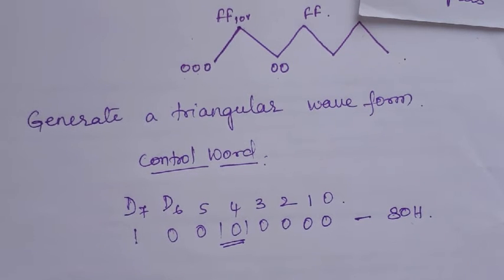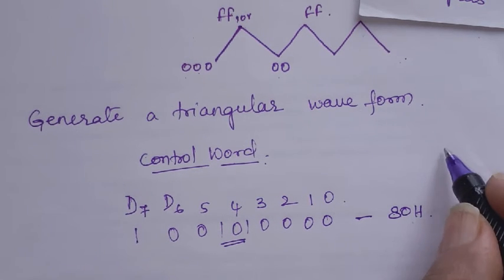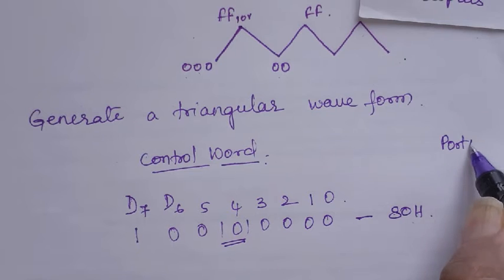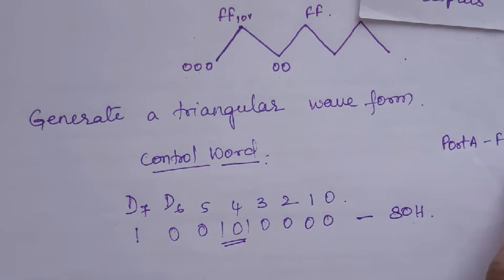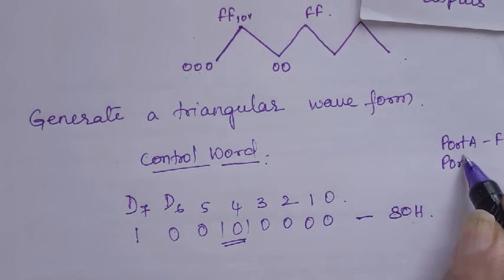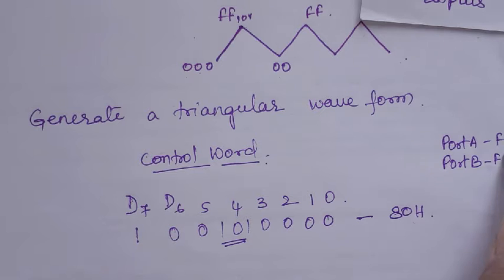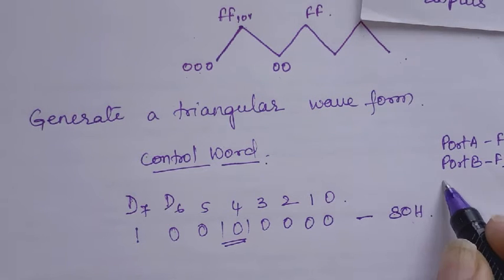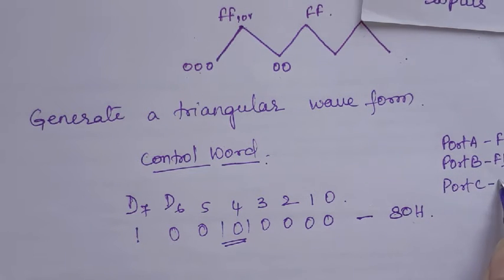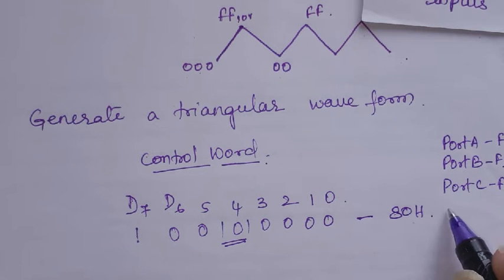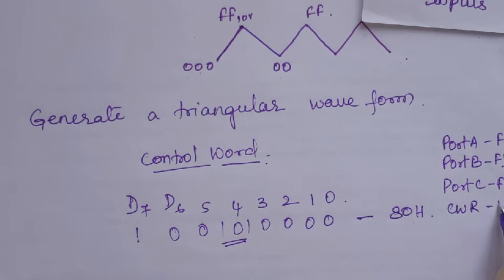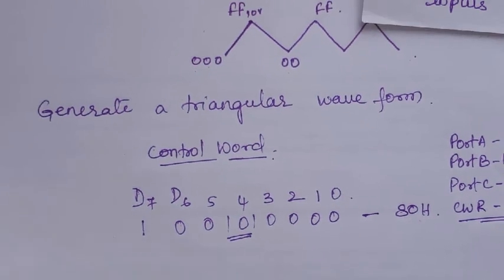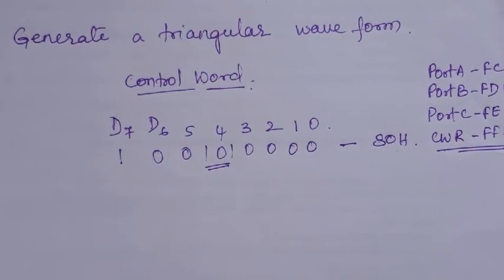For the hardware connection shown here, the address of port A will be FCH. Port B address is FDH. Port C is FEH, and control word register address is FFH. These are the addresses of the ports of 8255.